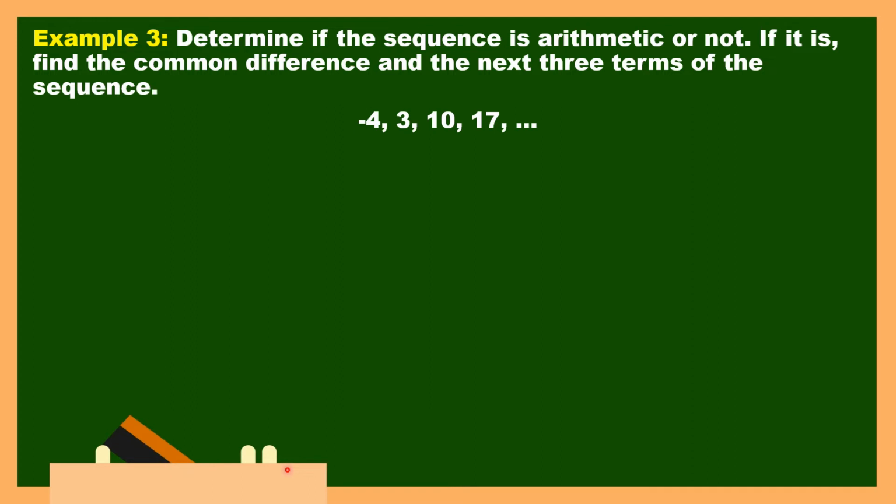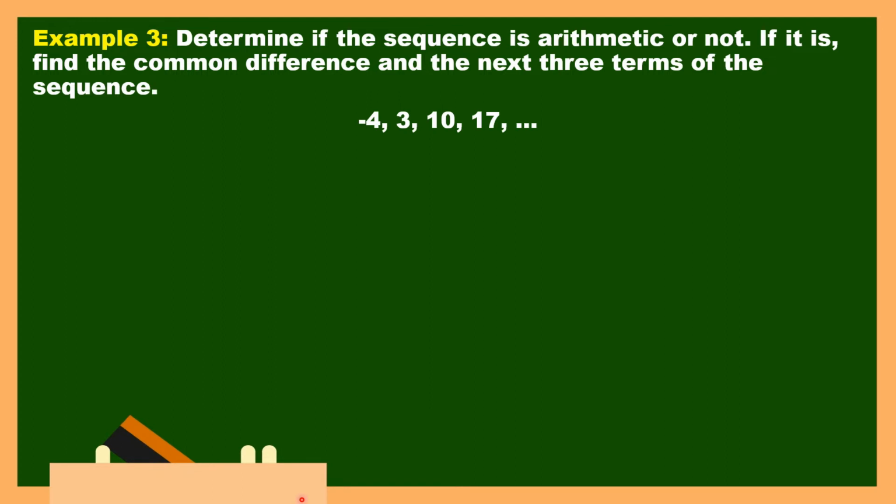If it is, find the common difference and the next three terms of the sequence negative 4, 3, 10, 17, and so on. So dito sa ating pangatlong example, kukunin muna natin ang common difference ng given sequence para makuha natin ang tatlong susunod pang terms.